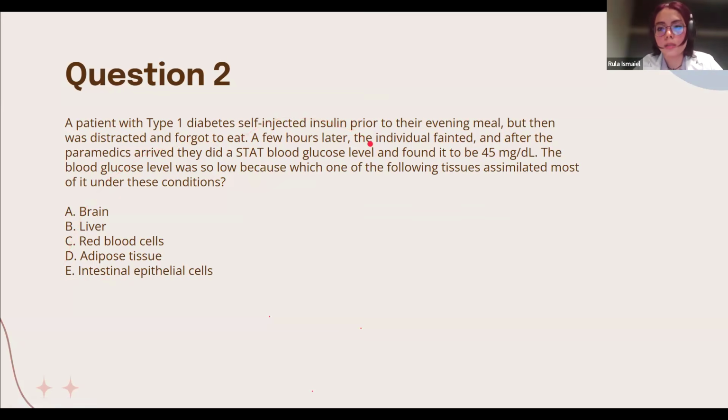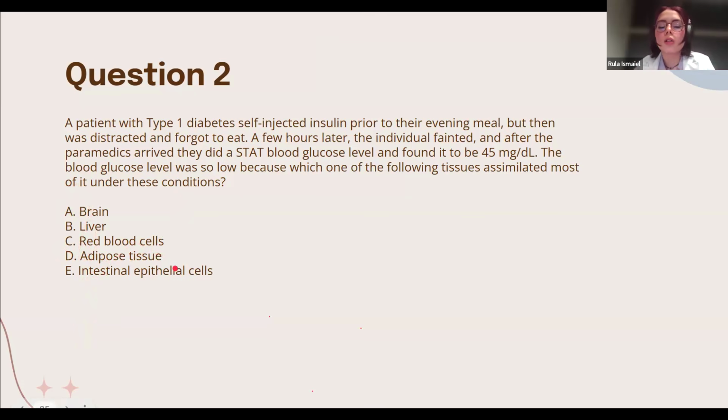This diabetic injected, and it made the GLUT4 channels open up. Glucose entered the cell, and there is hypoglycemia in this case specifically. Now GLUT4 is found on muscles and adipose tissue. Which one is mentioned here? No, it's adipose. So the adipose tissue took out all of the glucose.